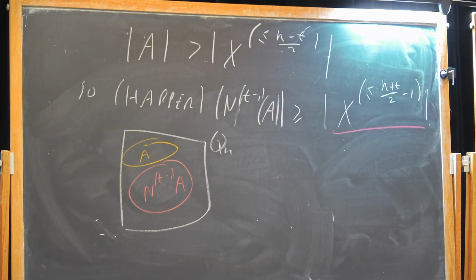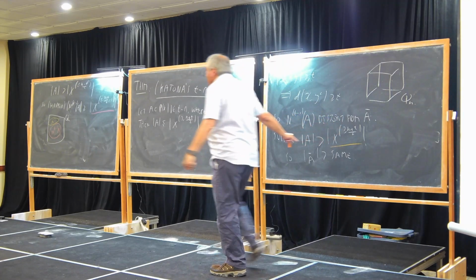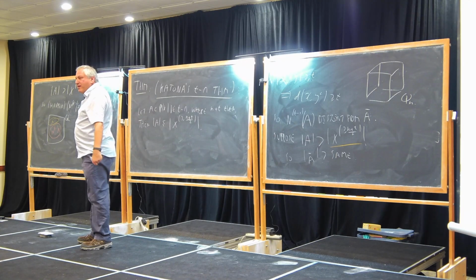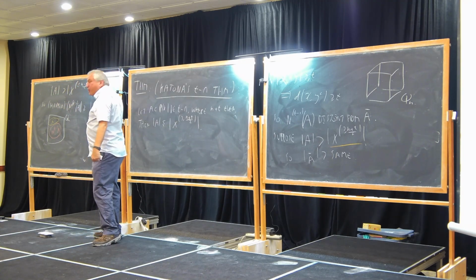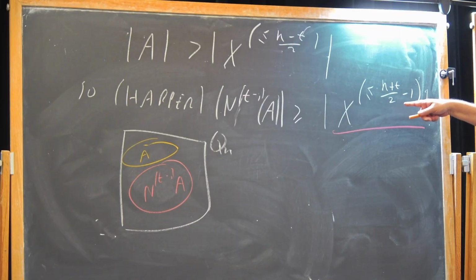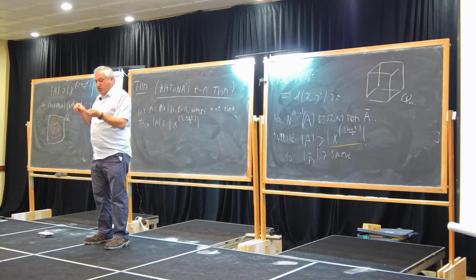But that's a contradiction, right? Because those two add up to the whole world, don't they? If you take all sets which have size strictly less than n plus t over 2, and you chuck in all sets of size at least n plus t over 2, that is all sets.